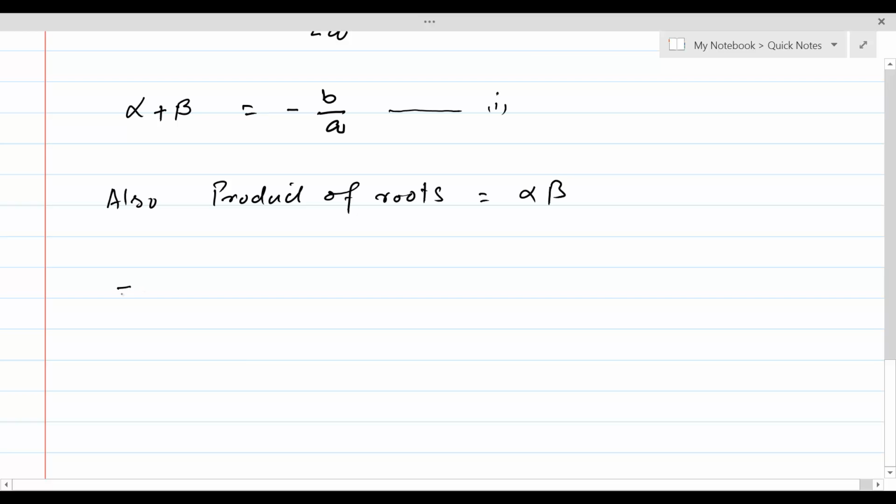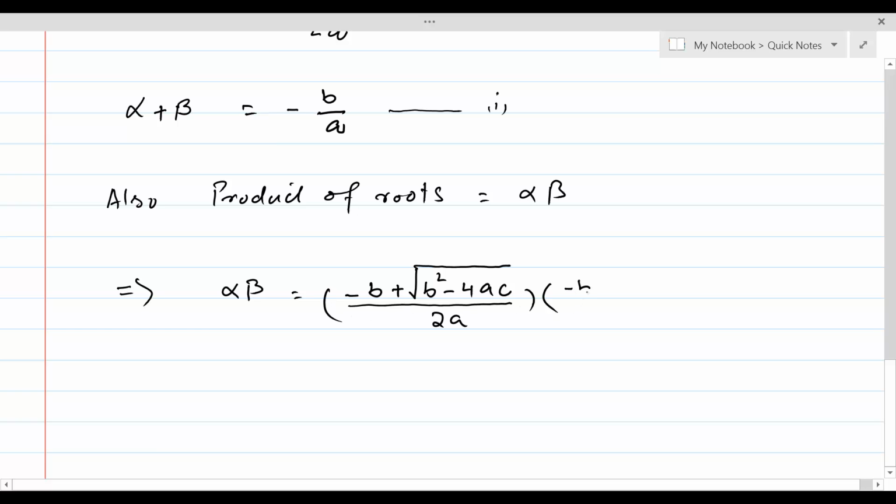This means that alpha times beta is equal to, similarly, minus b plus square root of b square minus 4ac, divided by 2a, times minus b minus square root of b square minus 4ac, divided by 2a. That will be their product.